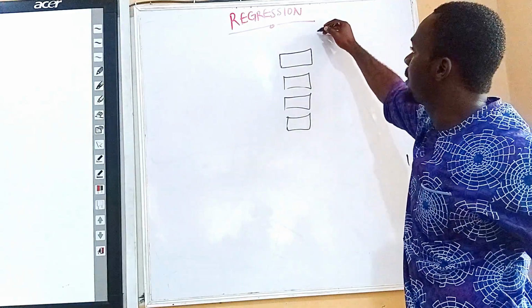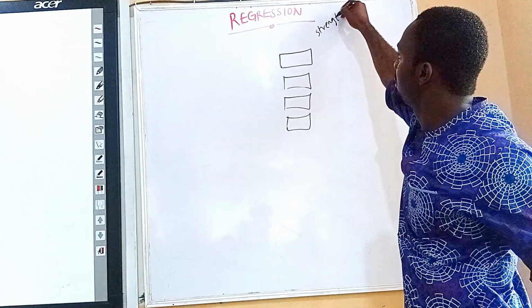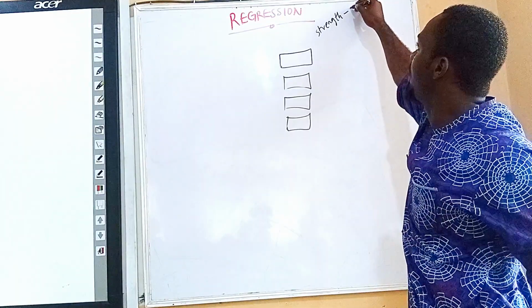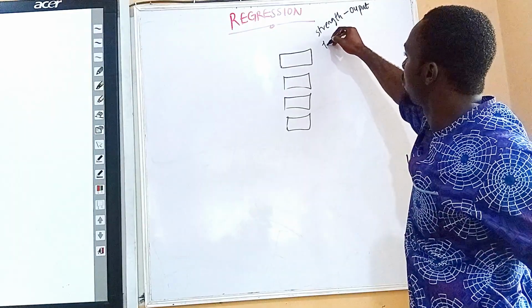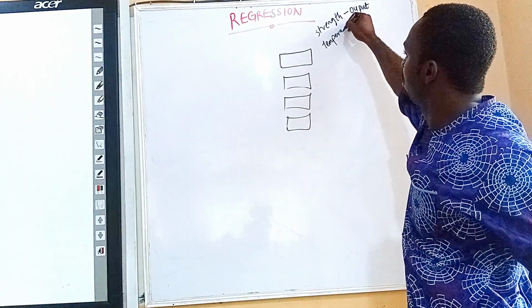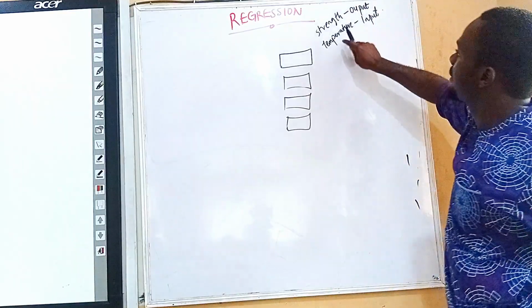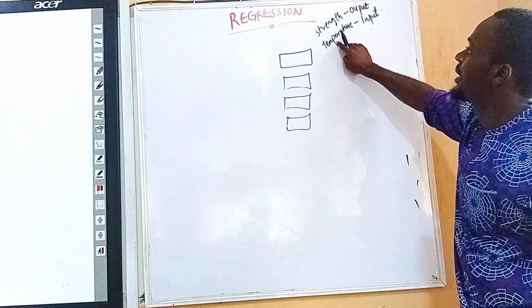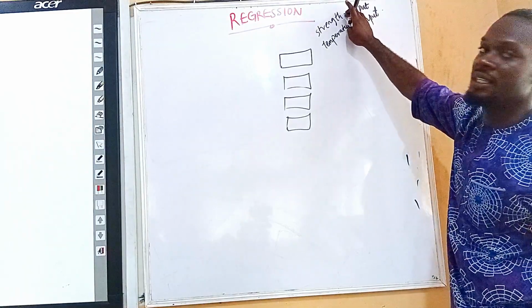So the strength now is a kind of the output, while the temperature is the input. So you see that the temperature is an independent variable, while the strength is dependent.